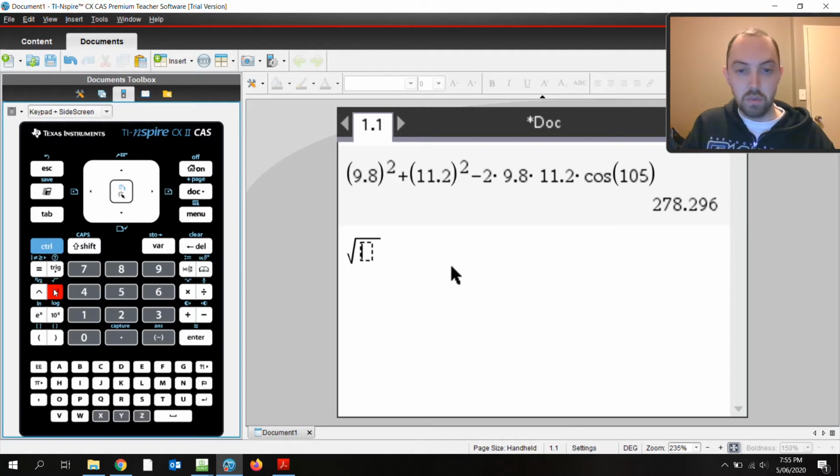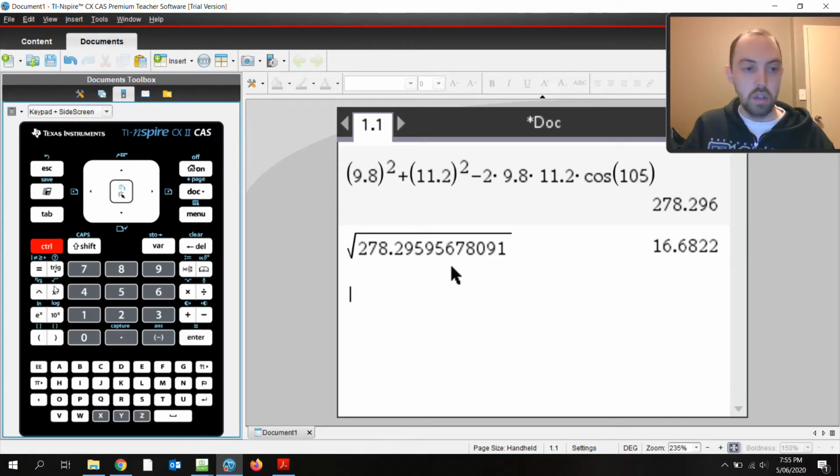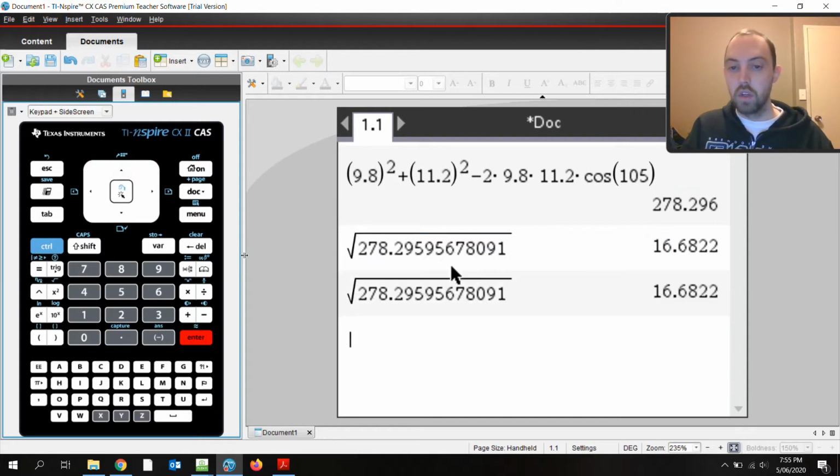This is what x squared is equal to, and we can square root, and you can either use your directional pad and press enter to grab it, or you can use control negative here to use the answer. It's up to you. If you're going back more than one answer, it might be useful to scroll through, chuck it in. So x is equal to 16.68.